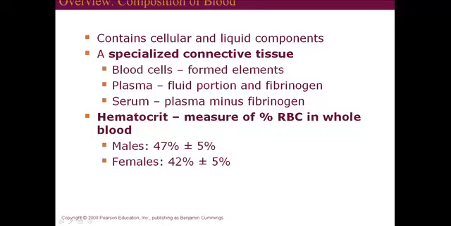So the contents of blood are roughly, we're going to see in the next slide, if we take a vial of blood from you, and we spin it in a device that spins it around, right? We're going to end up with a layer of cells. This is going to be red blood cells.